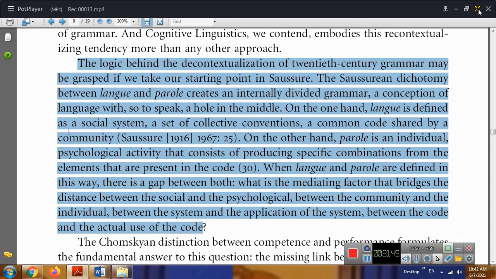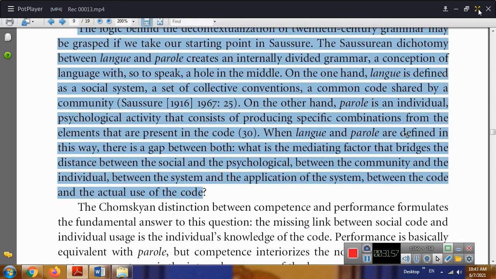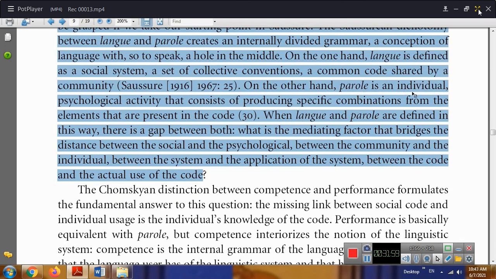On the one hand, langue is defined as a social system, a set of collective conventions, a common code shared by a community. On the other hand, parole is an individual psychological activity that consists of producing specific combinations from the elements that are present in the code.